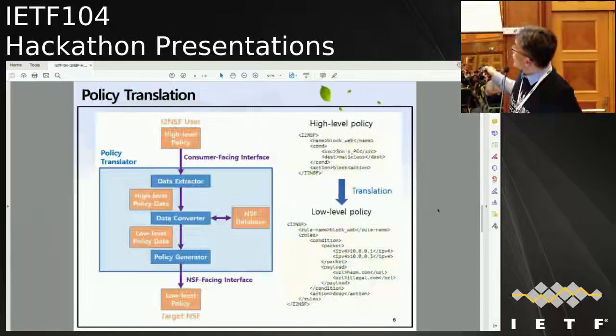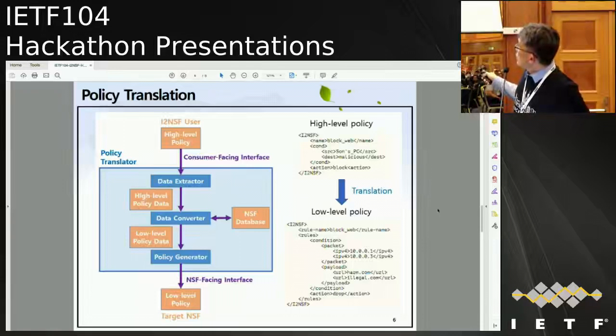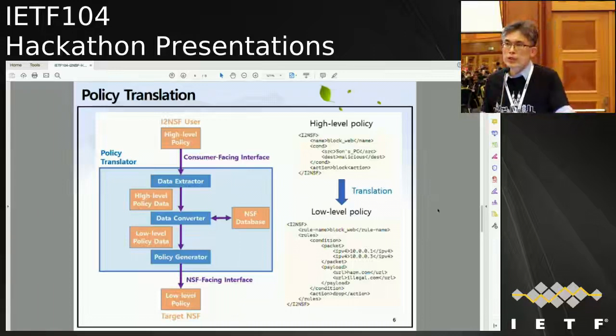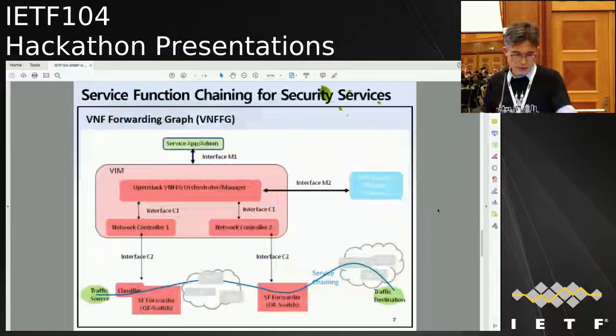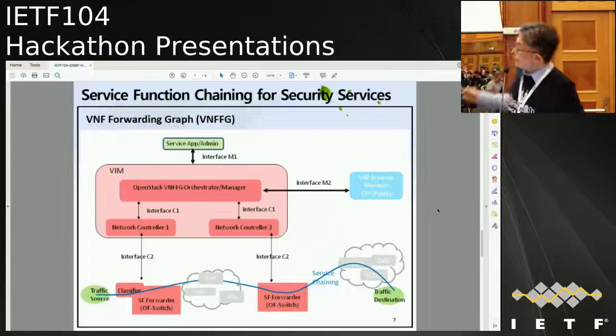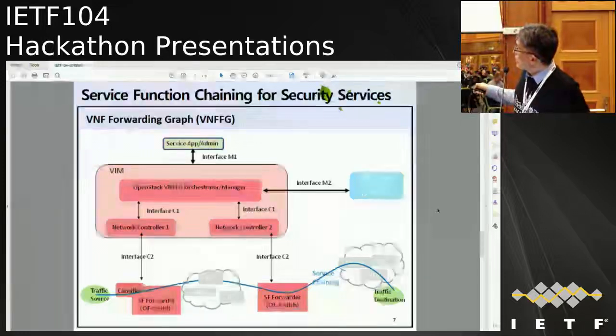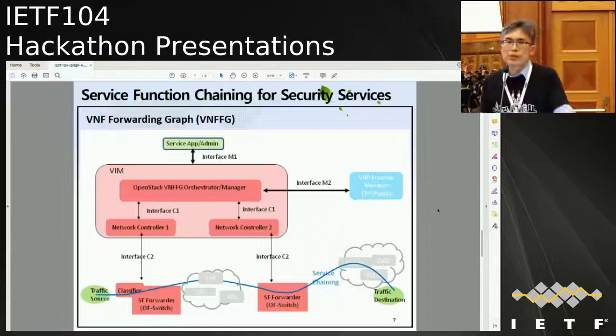We implemented the high-level policy specifying that Sans PC cannot access some malicious website. That high-level policy can be translated into the IP address associated with the Sans PC, and also a specific web URL. Also, we implemented OpenStack SFC networking, and then we implemented the service function chaining, such as a firewall and web filter.